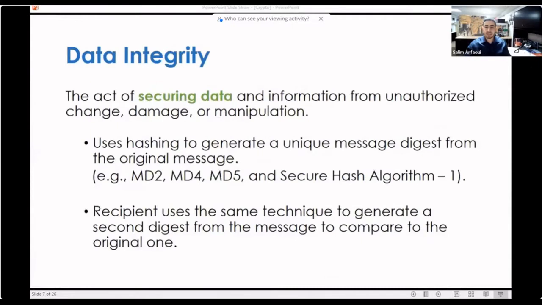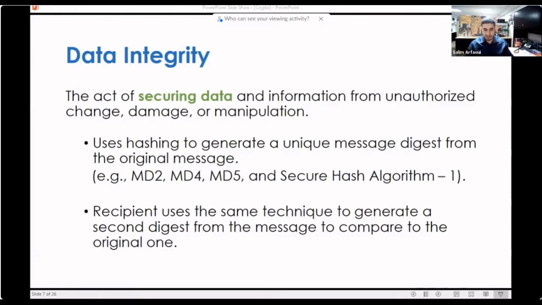And the second goal is integrity. What it means is the information cannot be altered. In a nutshell, information cannot be trashed without being noticed.